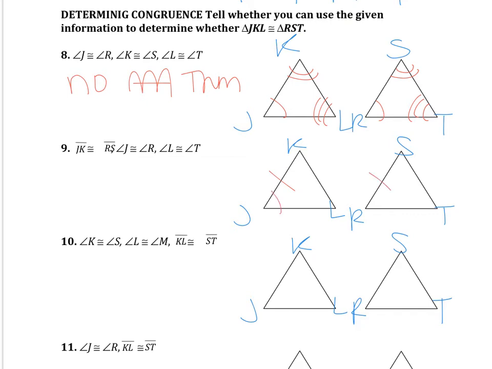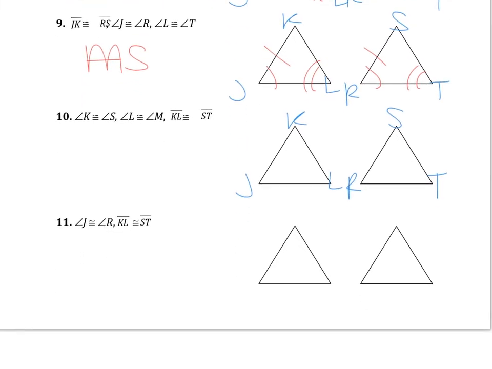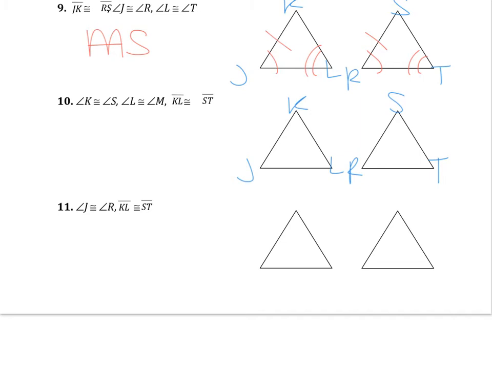JK, RS, JR, LT. Now it doesn't go SAA, AAS. K, S, L. Oh, and that's a typo, and I marked the wrong one anyway.